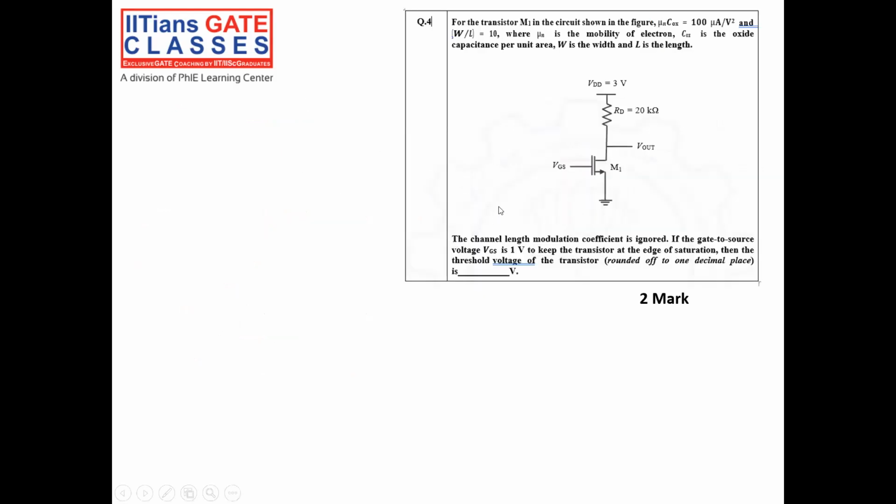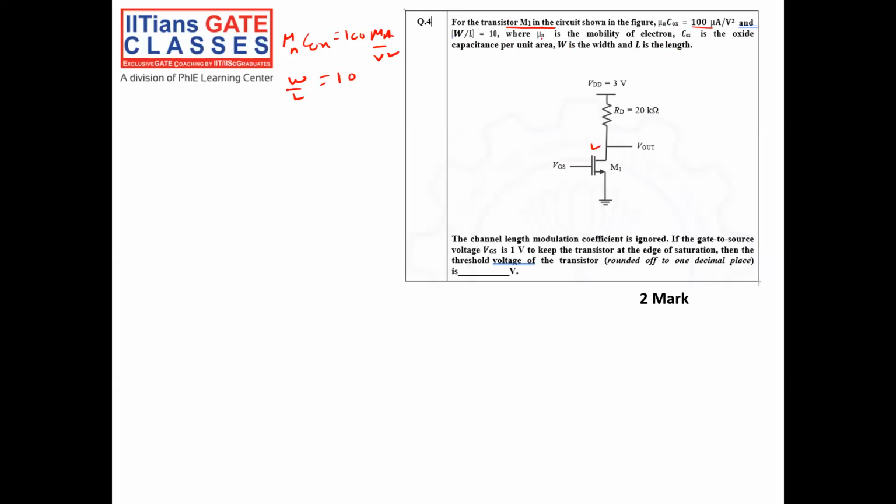So we'll solve the next question. What is it asking in the circuit? For the transistor M1, mu n COX is equal to 100 microampere per volt square, and W by L is equal to 10.